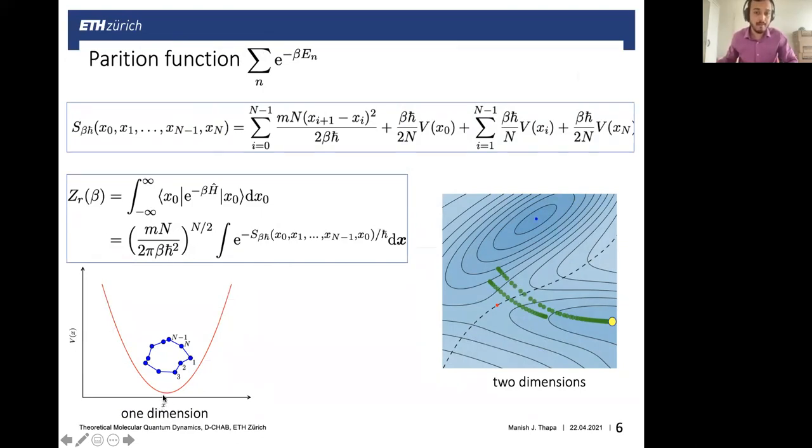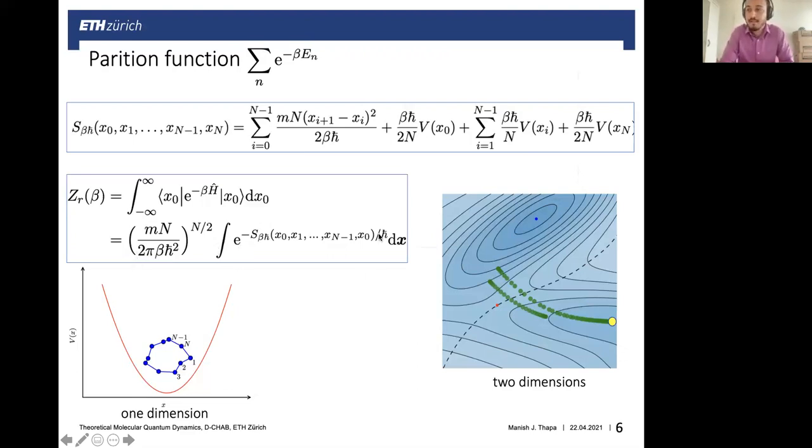The instanton is a first order saddle point on a multidimensional PES, whereas the integrand of the reactant partition function is dominated by minima of this multidimensional function, the Euclidean action, right? And basically, in path integral representation, this is what it looks like.